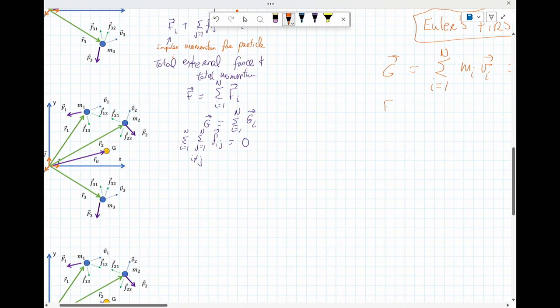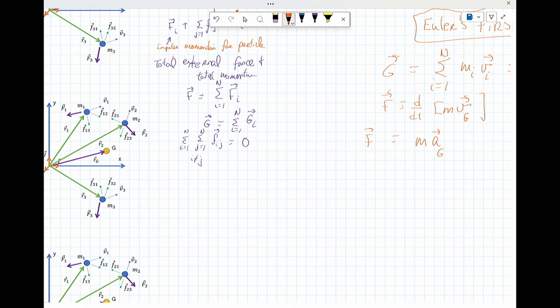And F is equal to d/dt of mv_g, which is equal to ma_g. So you have the same sort of thing, but the only problem at this point is how do you get G?